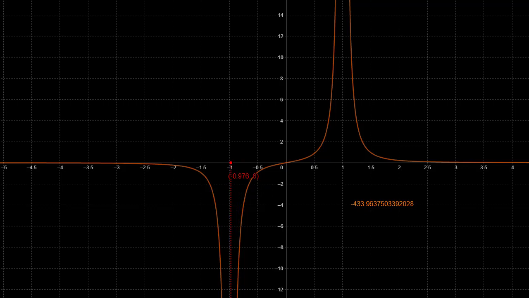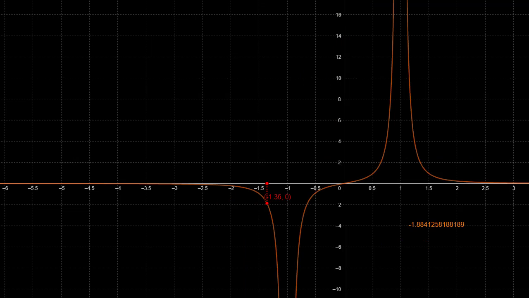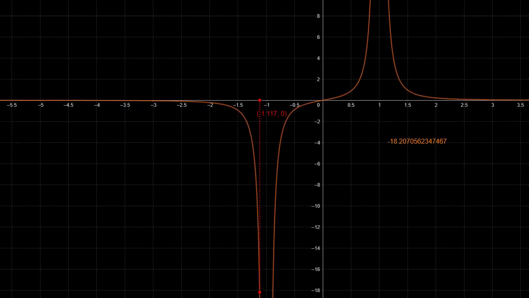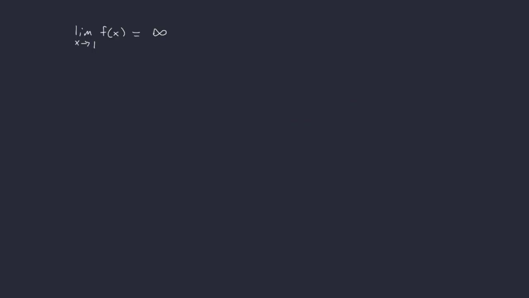And then if we do the same thing from the left side, as our x's get closer and closer to -1, our y's are blowing up downwards. So we could say that for this particular graph, the limit as x goes to -1, and this is from both sides, is negative infinity because it has negative blow up.